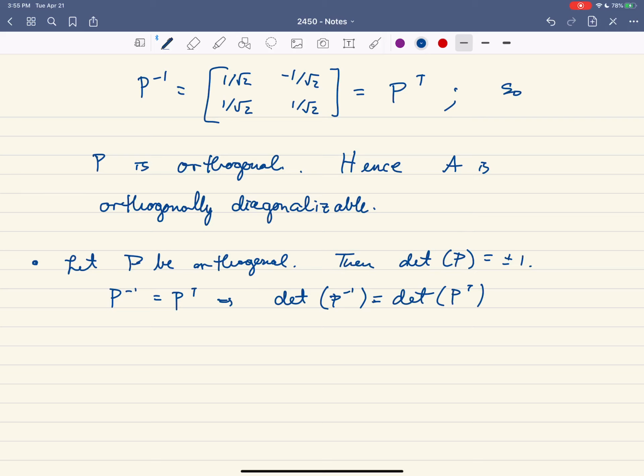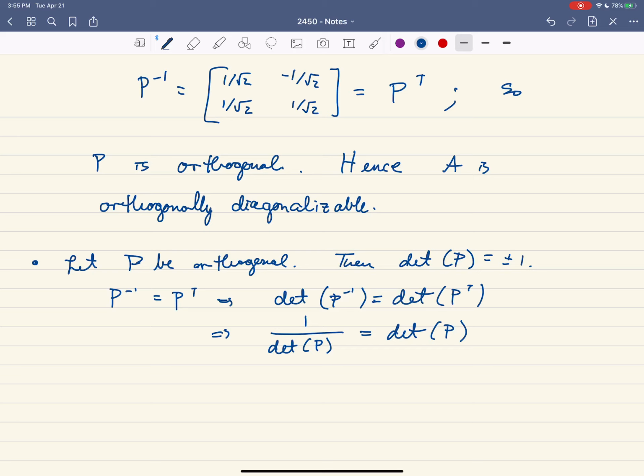Therefore, everything about them has to be the same, including their determinant. And we know from everything that we've talked about in this class that the determinant of the inverse is 1 over the determinant of the original matrix P, and the determinant of P transpose is also equal to the determinant of P, right? Taking the transpose doesn't change anything about the determinant because you can work along rows or columns equally. Everything's fine.